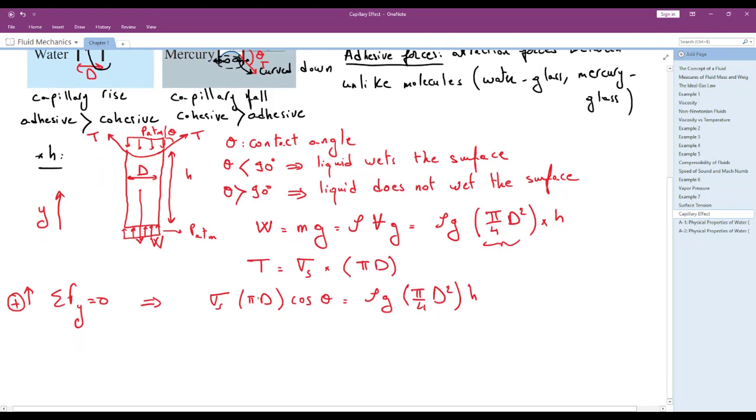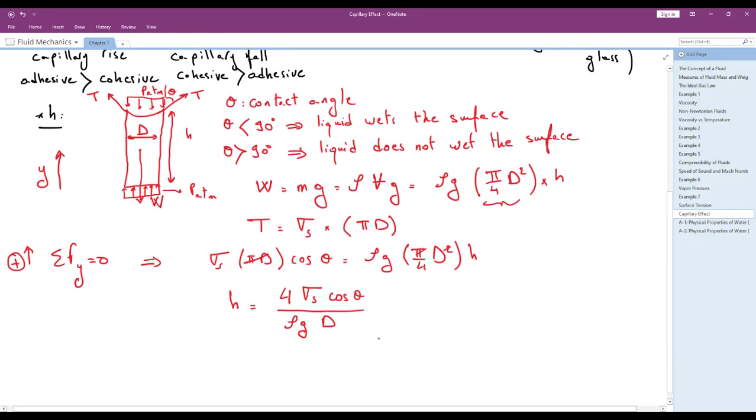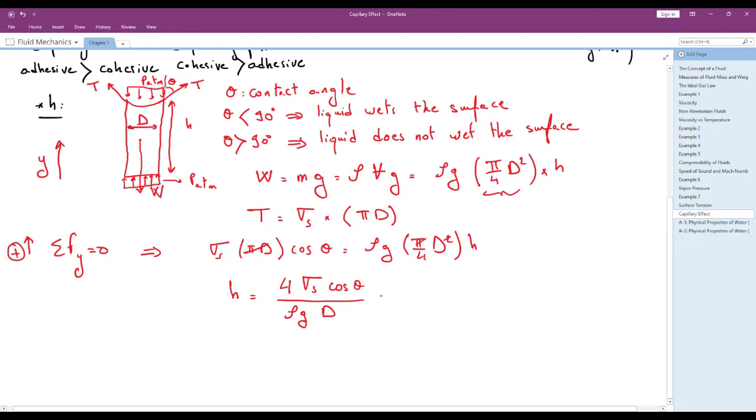So pi d and pi d can cancel out, and we will have that the capillary height h is equal to 4 sigma s cosine theta over rho g d. So from this equation it is obvious that the height h is inversely proportional to d.